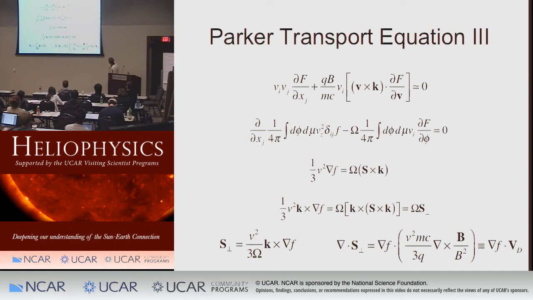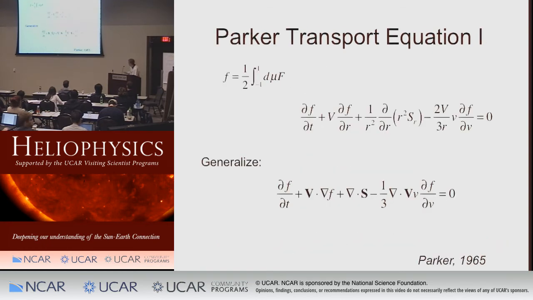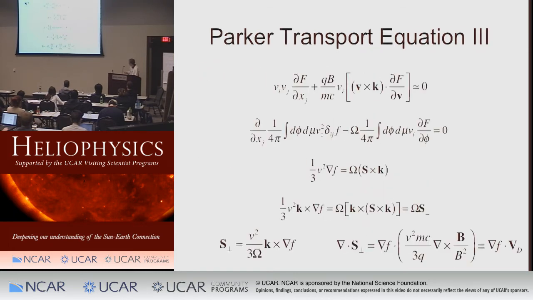Now, the other thing is, so that's S, and so when I take the divergence of S, remember in the Parker equation that I had written down, let me see, where am I? I'm not losing you guys? Yeah, what I really want is del dot S. So I have S here.